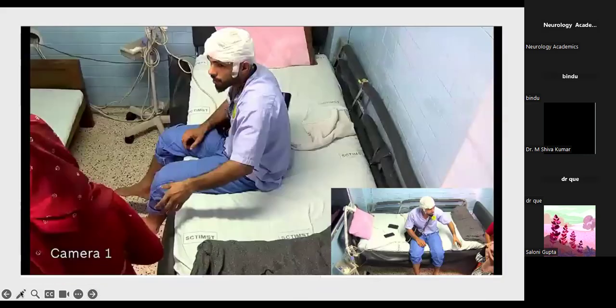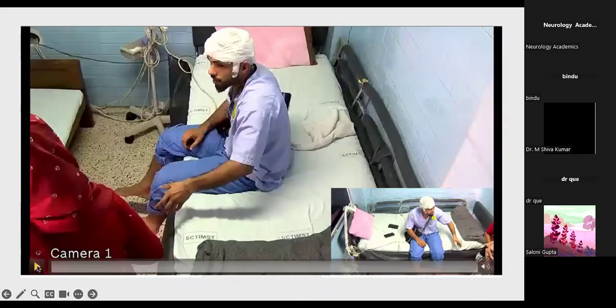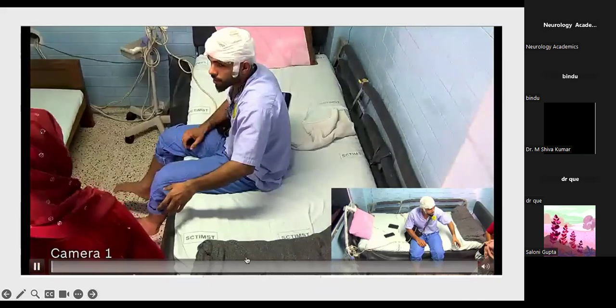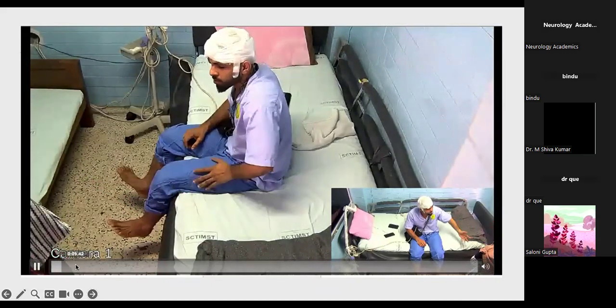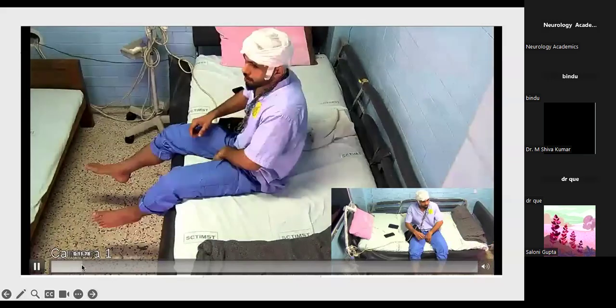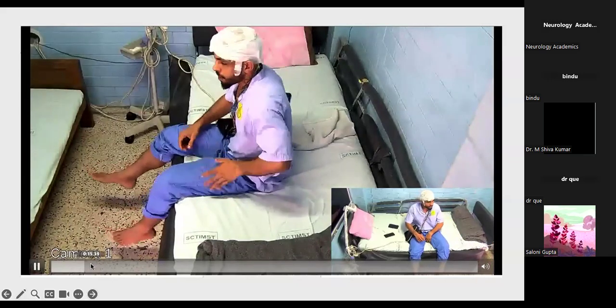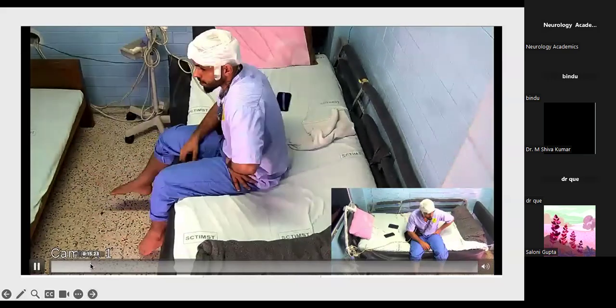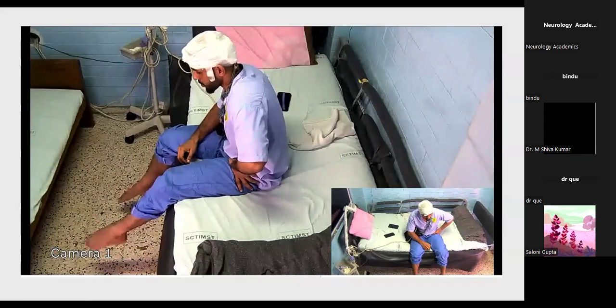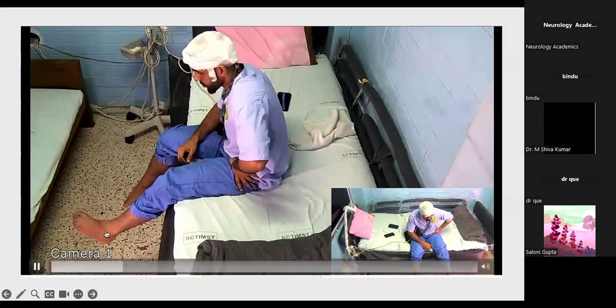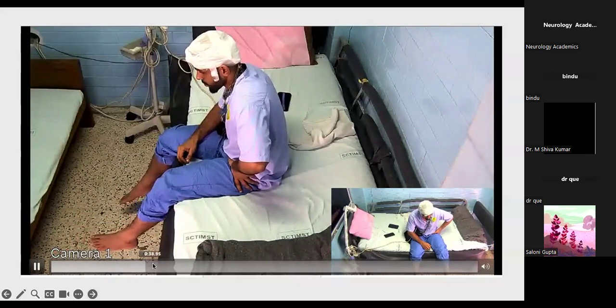Here is another seizure semiology. Patient was sitting and talking to the bystander, sitting quietly, and there was a brief behavioral arrest, or maybe the patient might have had an aura.